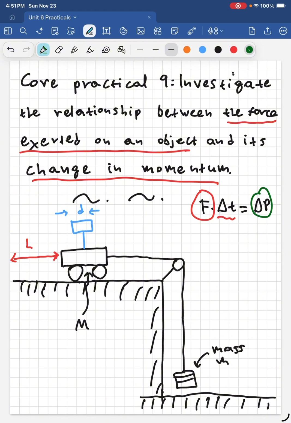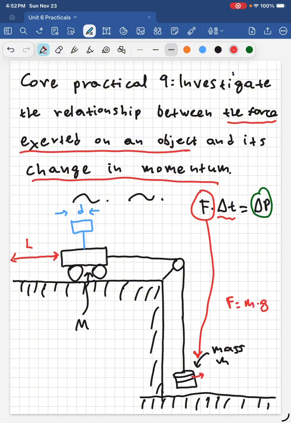So which is that force? Let's look into this apparatus over here. The force is provided by these masses m, so force is m times g. These are variable masses, so we can remove one of these and change the mass accordingly.